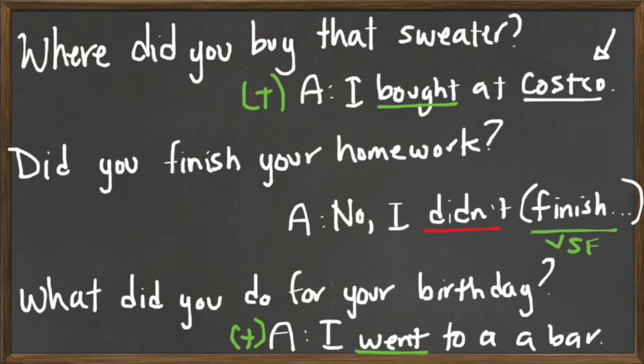And in the question, as you see, buy, do and finish are all in simple form. Only when we use the affirmative, we use the verb in simple past or in the past tense.